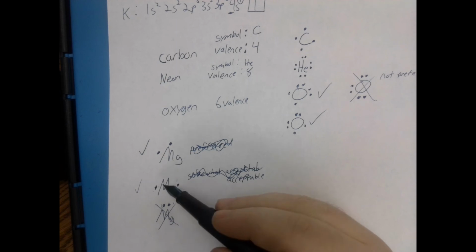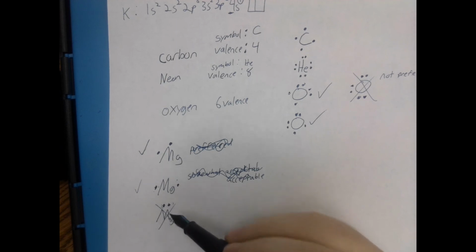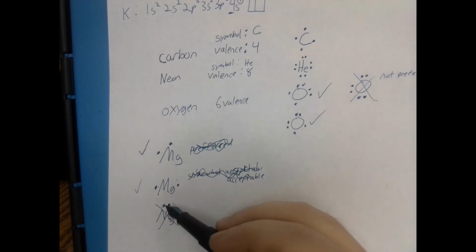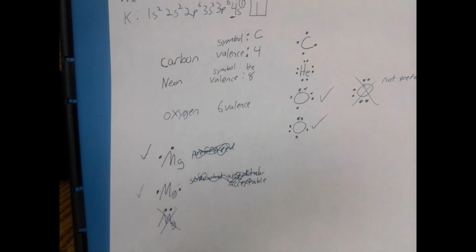I probably won't count it wrong if you do this. I'm just getting you in the habit of writing it more acceptably. It's not technically wrong, because all this is supposed to show is how many electrons. Anyway, when we start doing more advanced stuff with Lewis dot, we're going to be moving them together and around anyway when we combine atoms.